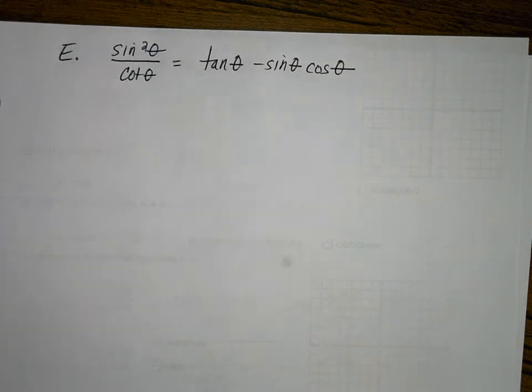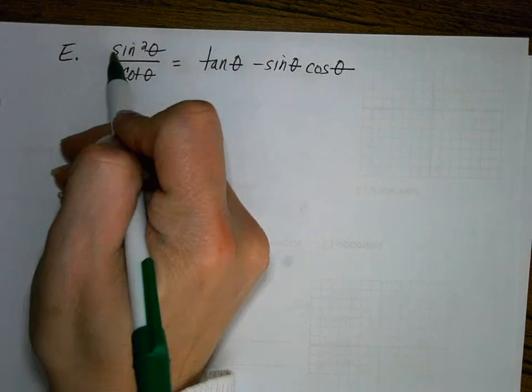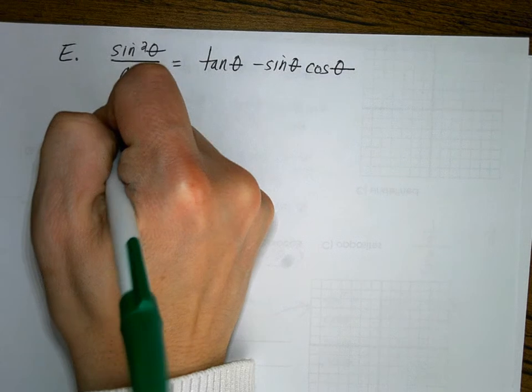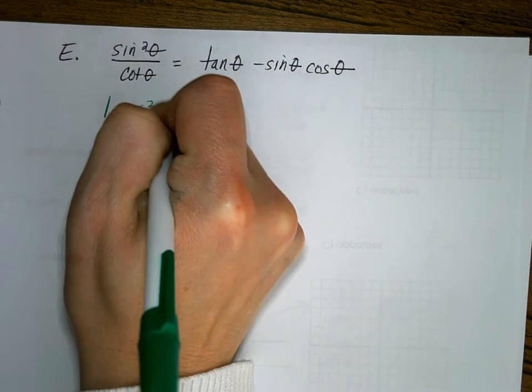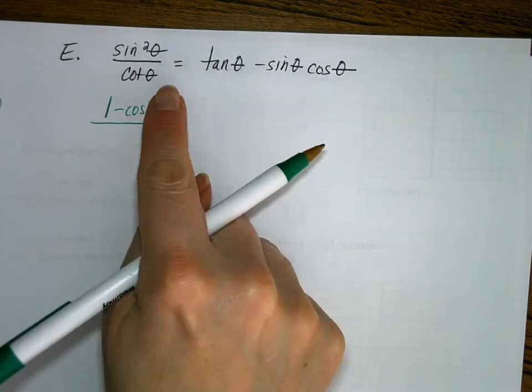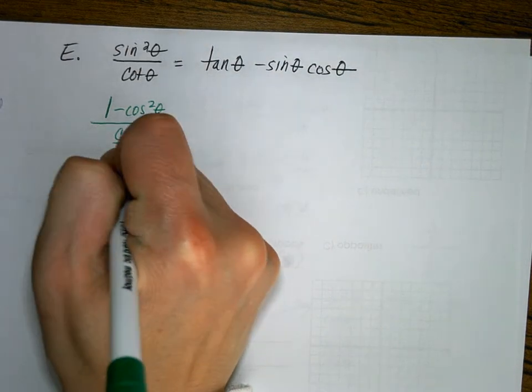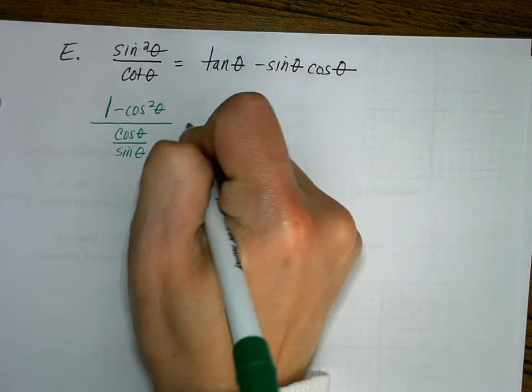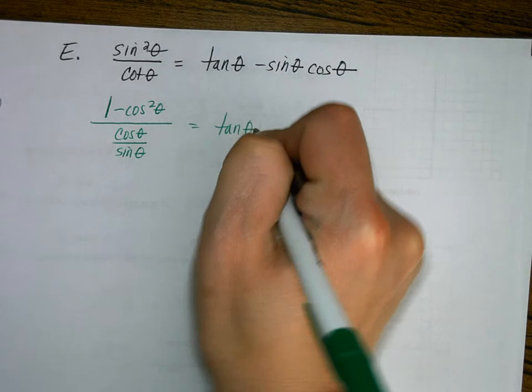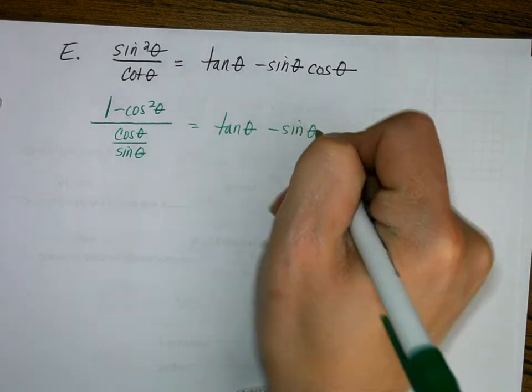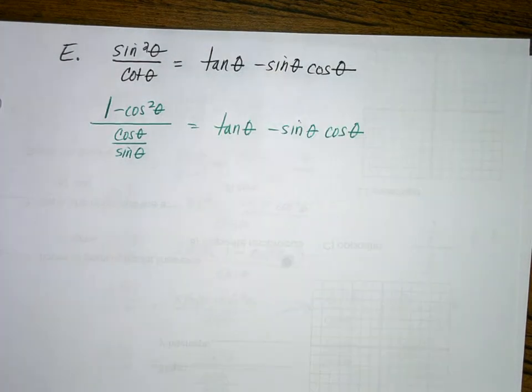All right. First of all, I'm going to see sine squared is 1 minus cosine squared over cotangent. Now I heard somebody say cosine over sine first, so let's go with cosine of theta over sine of theta first. Equals tangent of theta minus sine of theta cosine of theta. All right, so far so good.